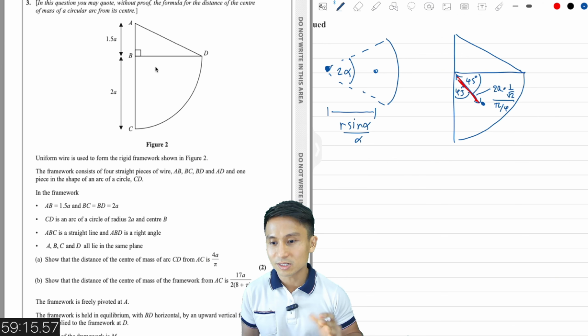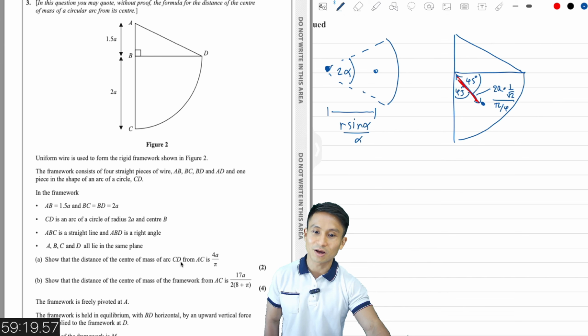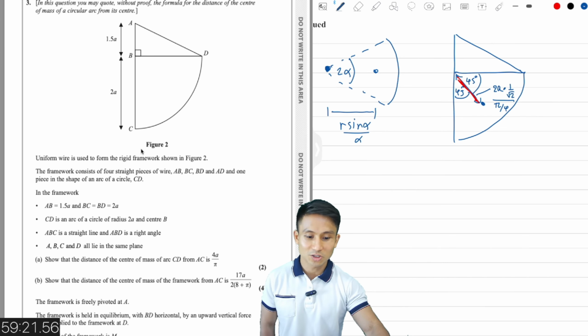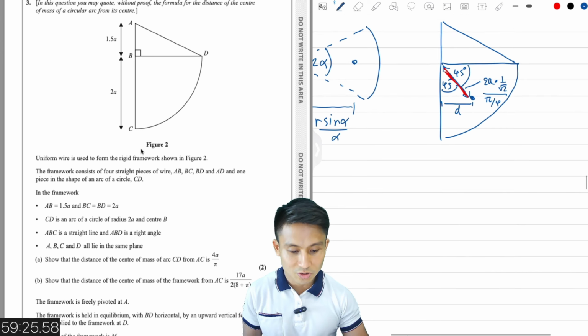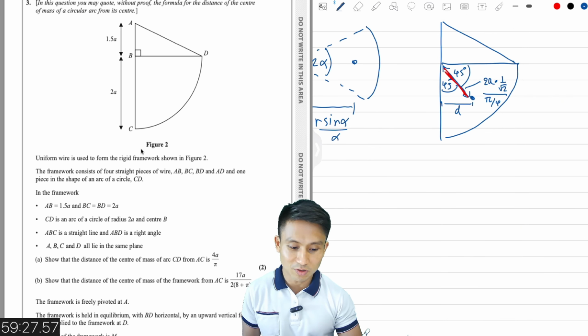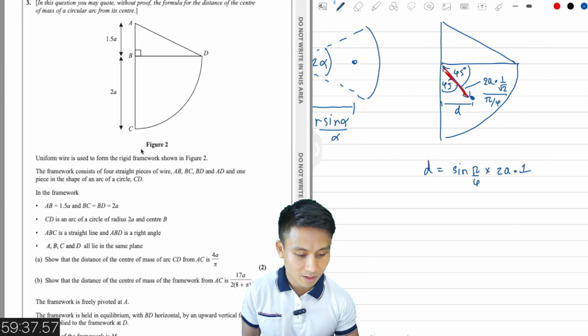Now we want the distance of the center of mass of arc CD from AC. So we need to find this distance d here. It would just be sine 45 times that red distance. So d is sine pi over 4 times that red distance, which is 2a over root 2 divided by pi over 4.